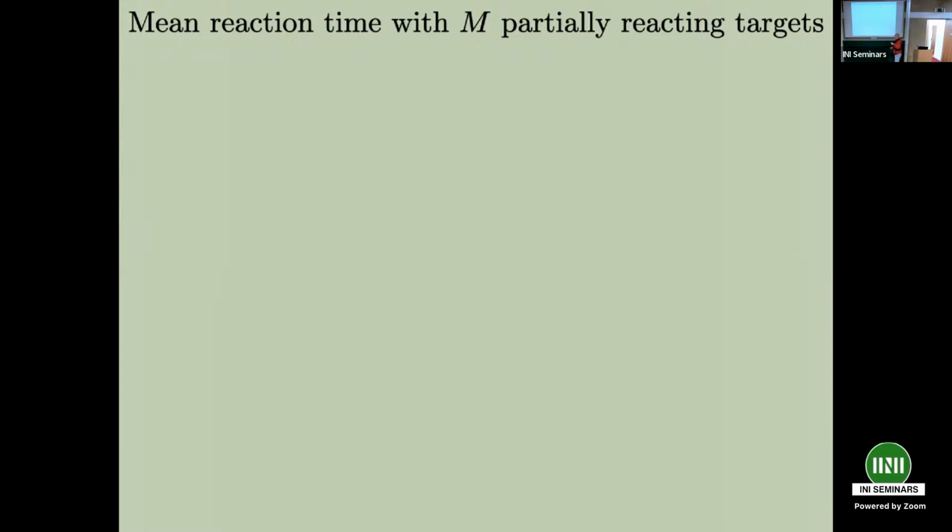Now, if you want, you can differentiate these determinants, and you can build the mean reaction time. It turns out to be made out of this expression. And again, of diagonal elements of the matrix T, because T1 is built from T, T0 is built from T. The matrix T is like the permutation between all these targets.